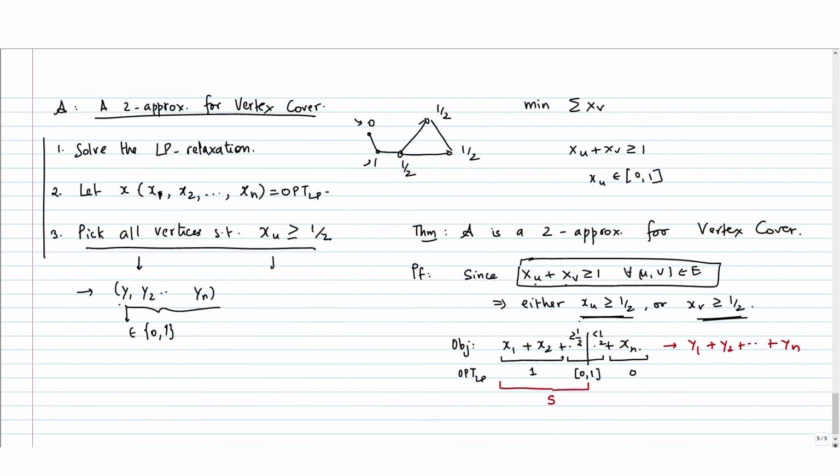So, what we get is y1 to yn, which is 0 or 1, which is a solution to the integer program. So, the first set of yi's, where the LP gave a value 1, we also give a value 1. Now, for these values where the LP gave a value at least half, we at most have doubled it to get 1.